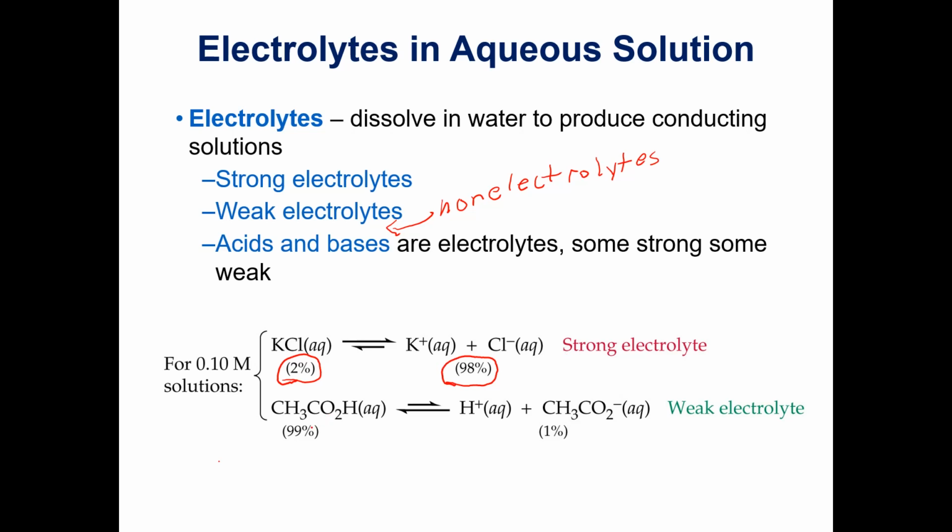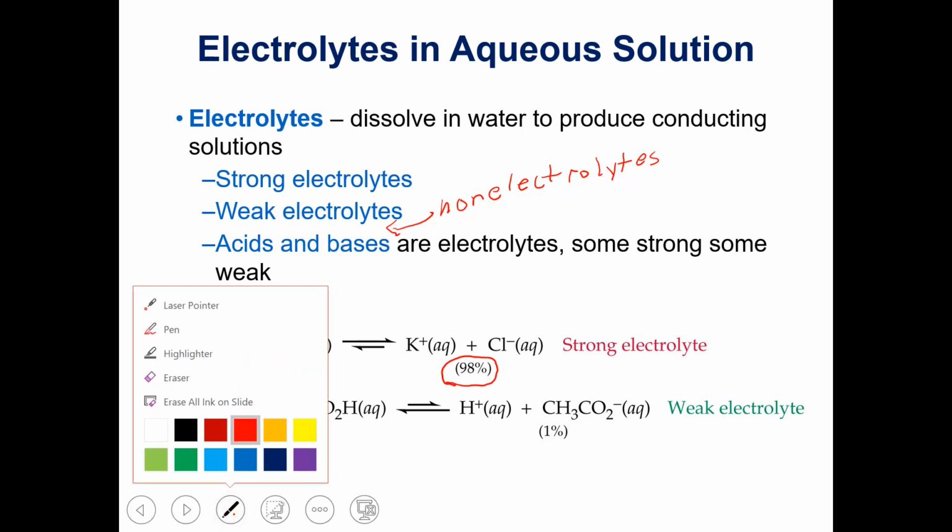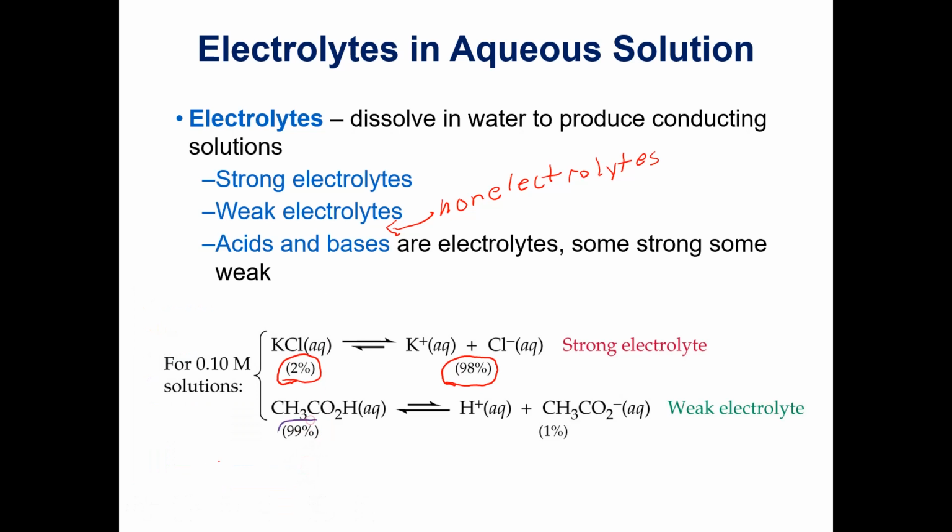Whereas if we look at acetic acid, we find that 99% of the acetic acid is still in the molecular form, and only about 1% has dissociated into H plus ions and acetate ions.